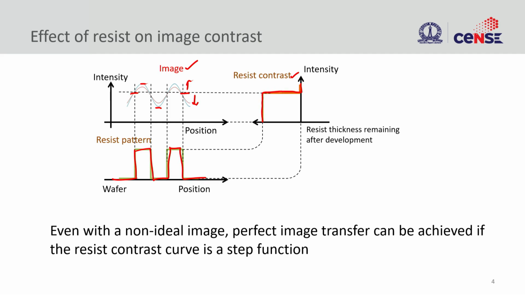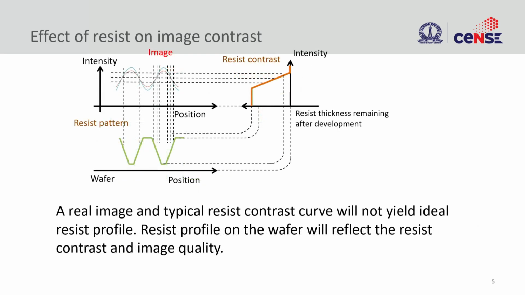You will always have some slope, and that is the final practical, real image case. So here we have a non-1, less than 1 MTF, modulation transfer function. And now the interesting thing is the resist contrast has a slope here. This is the more practical approach.